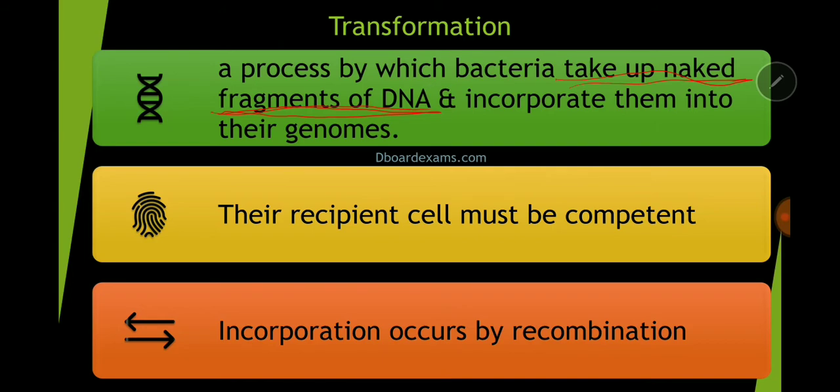As long as the bacteria is there and there's some DNA, the bacteria just takes up that DNA and incorporates it into their own genome, into their own DNA. That is transformation. Make sure you know the definition of transformation. Trust me, you'll get a question on this. The recipient cells must be competent.